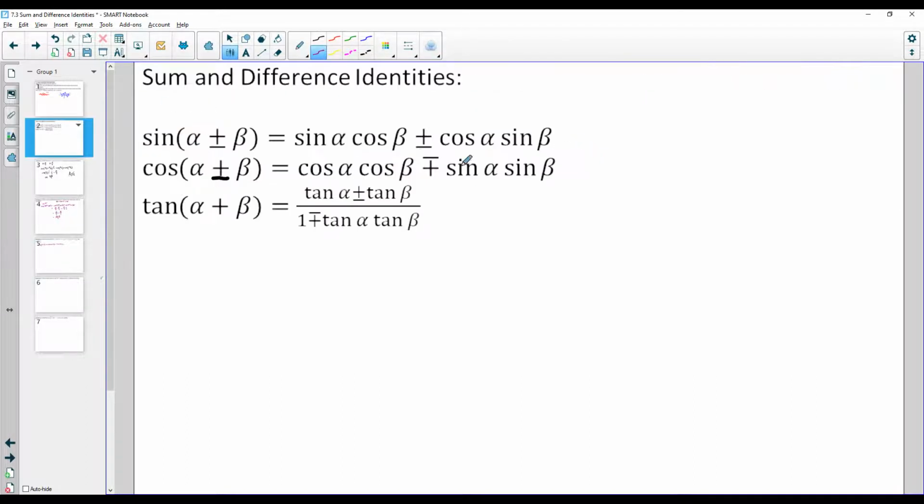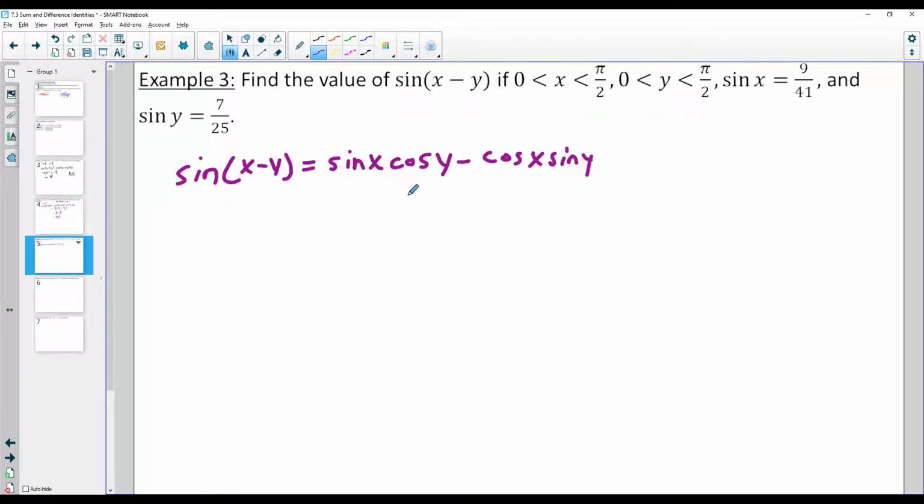That's just following this one on the top. And so, well, we have sine of x and sine of y, right? But how do I find cosine?